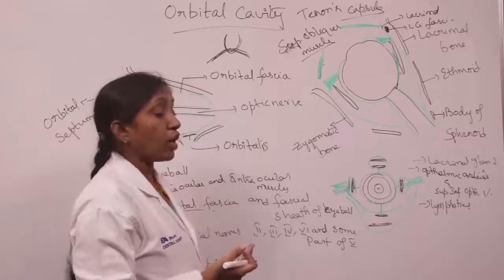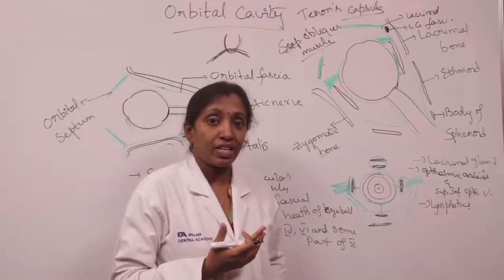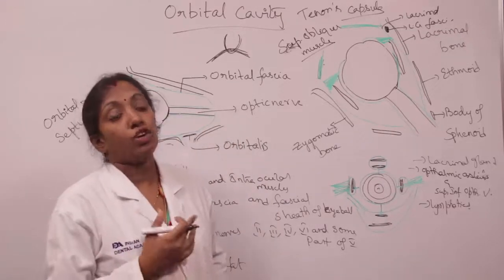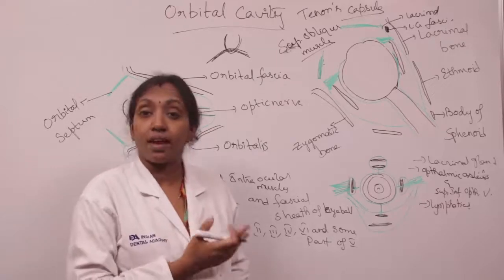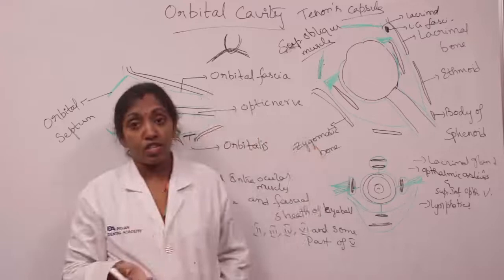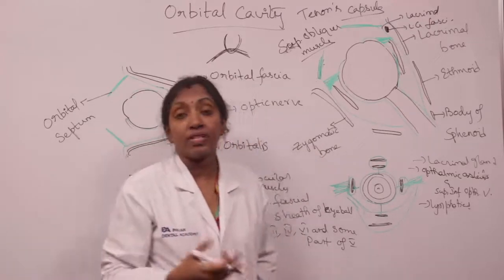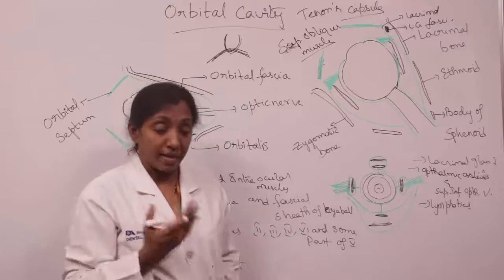So the facial sheath of the eyeball, or Tenon's capsule, is also called the bulbar fascia. It surrounds the eyeball up to the corneoscleral junction as well as the optic nerve. There is a space between the facial sheath and the sclera, the episcleral space, where various delicate fibrous bands are present.